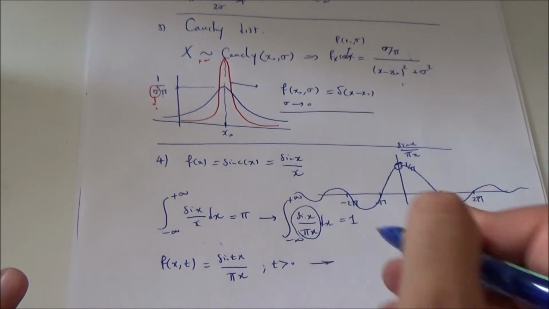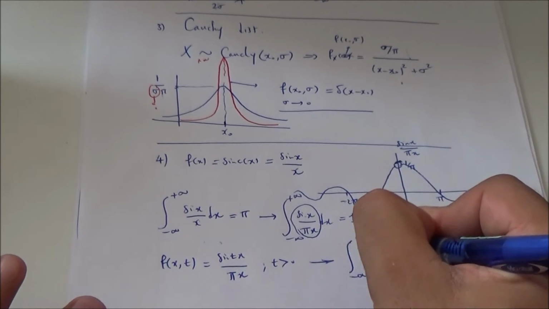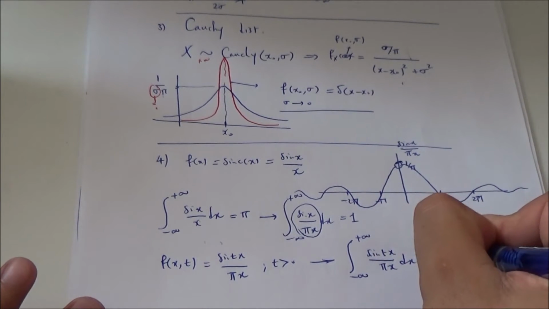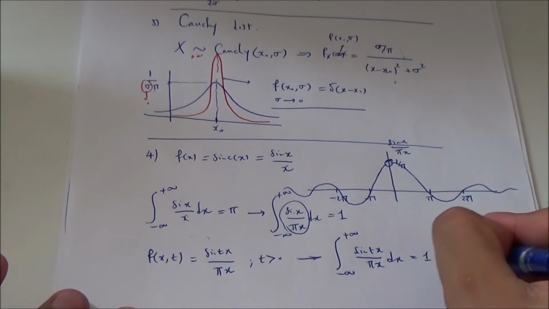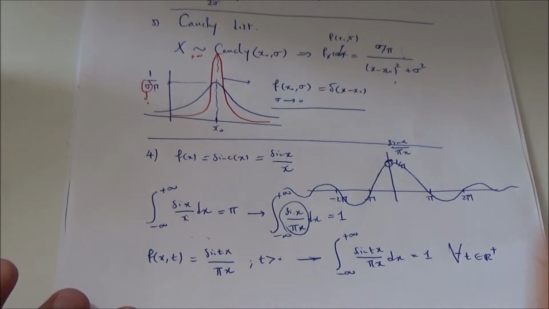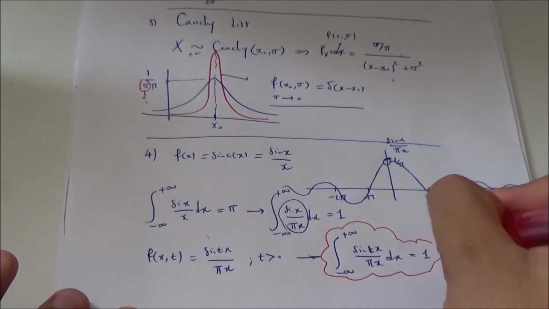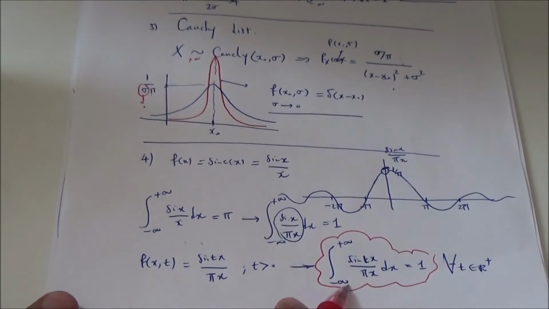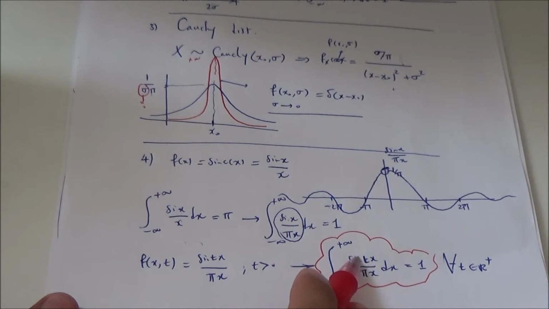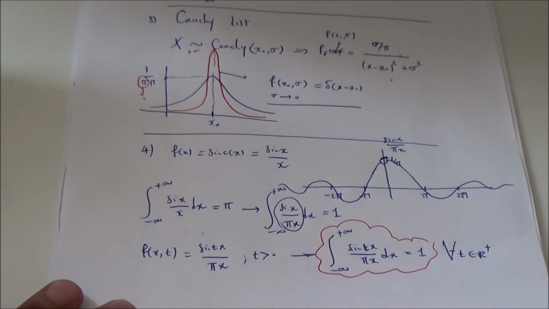First of all, I will show you that the integral from minus infinity to plus infinity of this sine of tx over pi x dx is equal to 1 for any arbitrary positive value of t. This formula is much more complicated to show than the previous one, because there t is equal to 1, but now we have another parameter t. Independent of the value of t, this integral is always equal to 1.